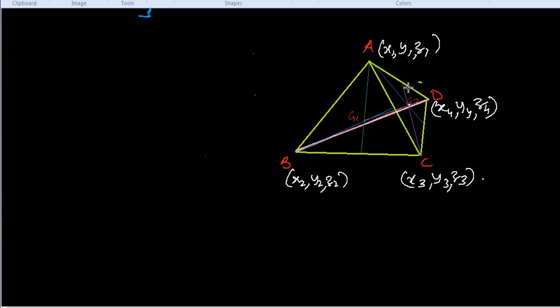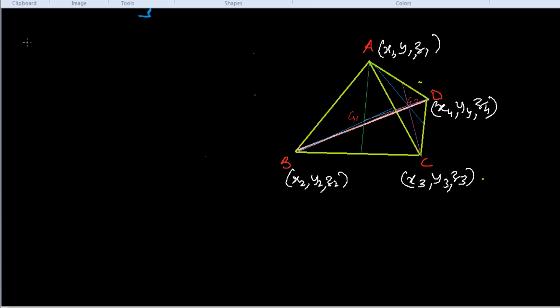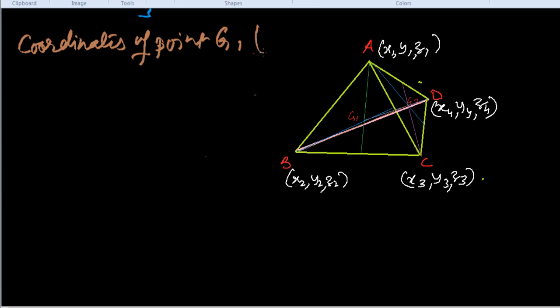So if we derive this formula, first we find out the centroid of G1 and then the centroid of G2. For the centroid of G1, the coordinates of point G1, first I explain to you. We assume the point G1 is (X', Y', Z'). We already know that X' is (X1 + X2 + X3) over 3, in this triangle it is G1.